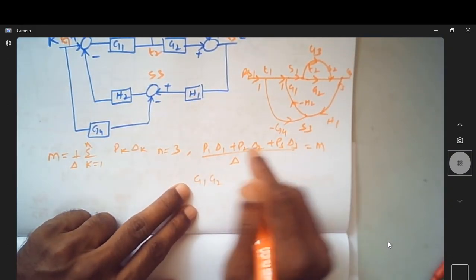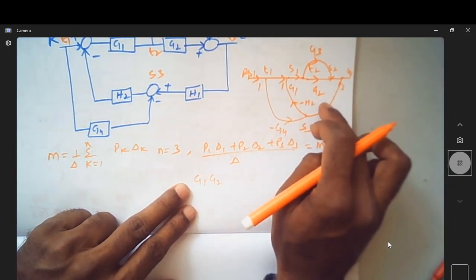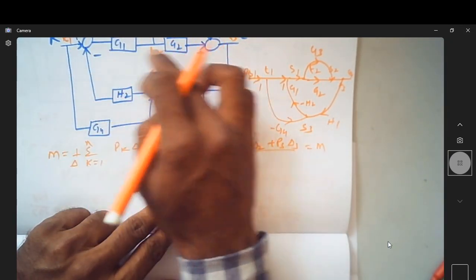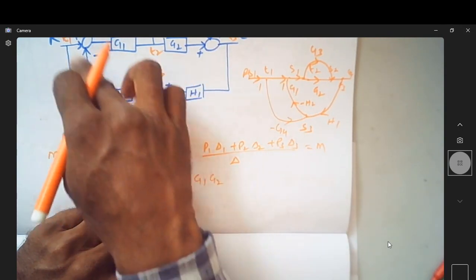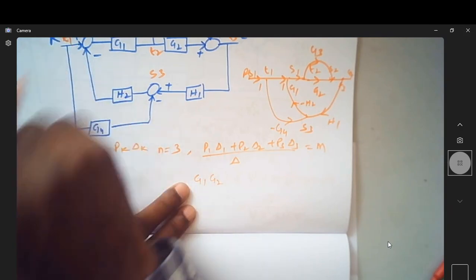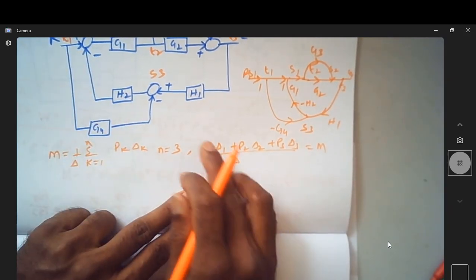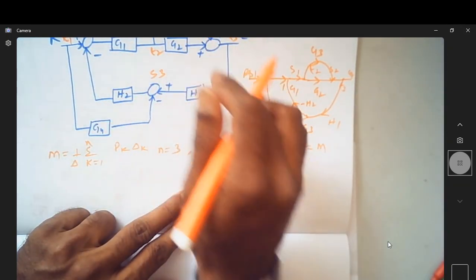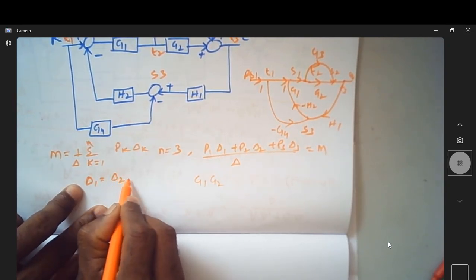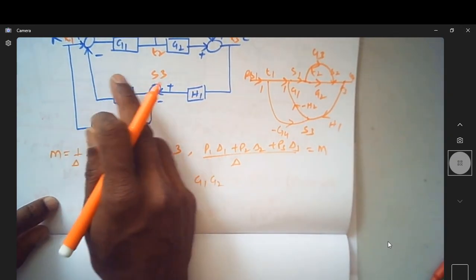Let us find the loops. You have one loop like this, and another loop like this. I think those are the two loops. How about this? This is not a loop. I think there are only two loops, so all the loops will touch all the forward paths. So all the deltas are 1: delta 1 equals delta 2 equals delta 3 equals 1 minus 0, because there are only two loops.